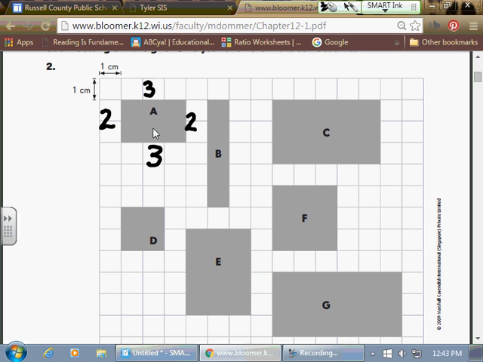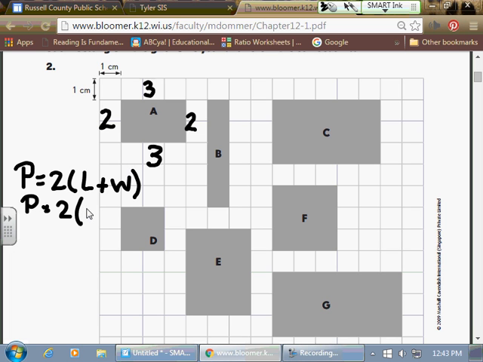A rectangle. Okay, now, two different ways I could do it. To find the perimeter, I could add 3 plus 2 plus 3. So we have 5 plus 3, 8, and 8 plus 2 is? Okay, or I could choose to use my formula and plug in. So if I did my formula, what's the length?